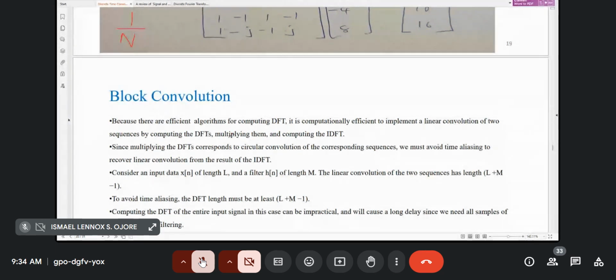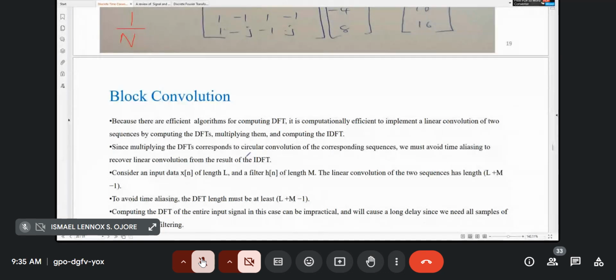So block convolution, of course, we are using block convolution. We are trying to reduce the length of the sequences, because whenever you do things like DFT, you don't want to do it with very long sequences. Because remember, it means you have to first of all get the entire sequence.